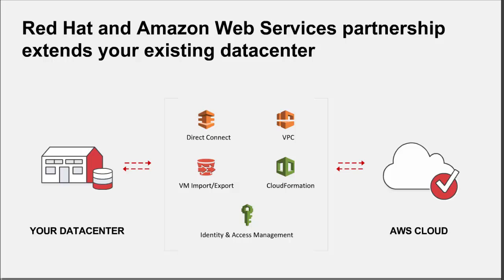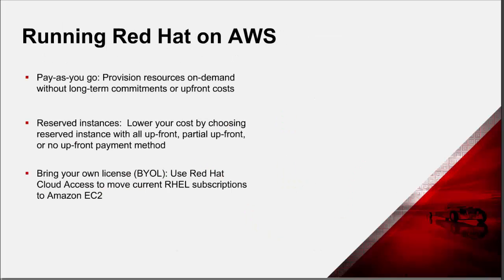With the CloudForms tool, we support the CloudFormation orchestration layer, and of course we can manage the identity and access management tools. So you can manage your entire extended hybrid cloud with our tooling framework.